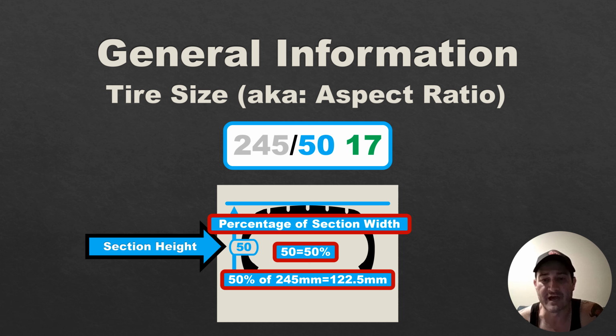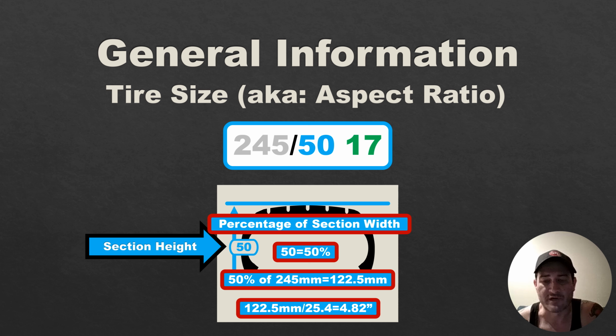But then we need to convert that into inches. So we take the 122.5 millimeters, divide it by that 25.4, and we are left with 4.82 inches. So the sidewall of this tire is 122.5 millimeters tall.